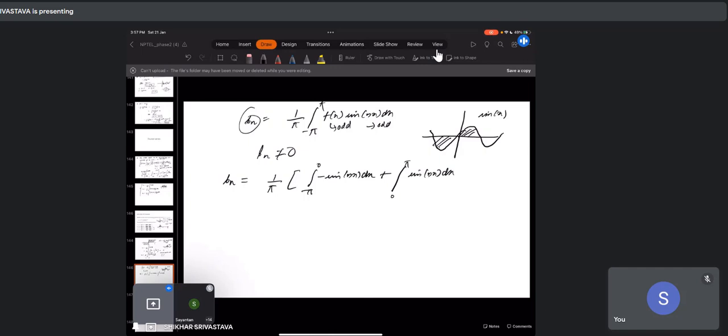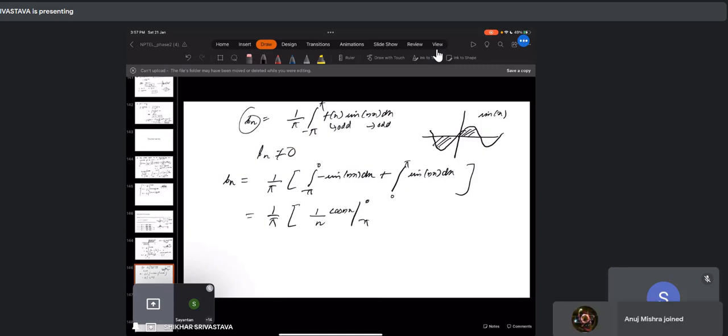Now we just do this integral. It is a simple integral, so it will be something like this. The integral of sine of nx will be what? Minus minus cancel, so it will be 1 by n cos of nx, from 0 to minus pi.